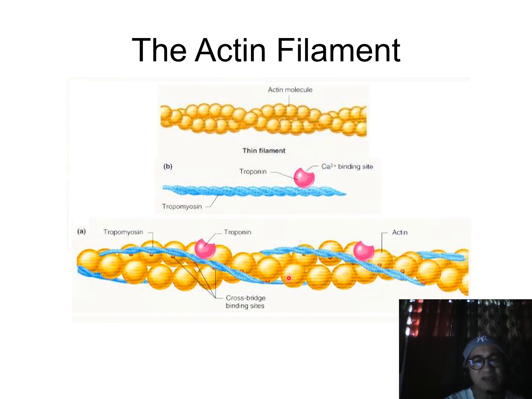These are binding sites for the myosin heads or the myosin cross bridges. So you have binding sites at the actin molecule for myosin cross bridges, and then you have binding sites for calcium at the troponin molecules of the actin filament.